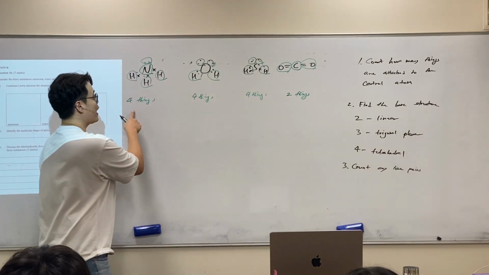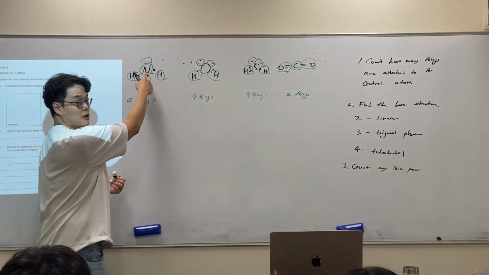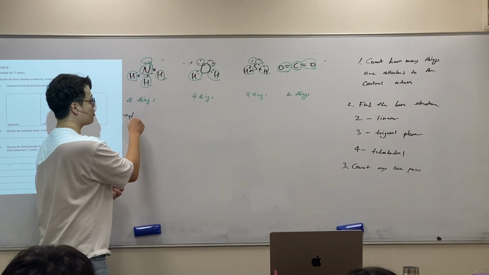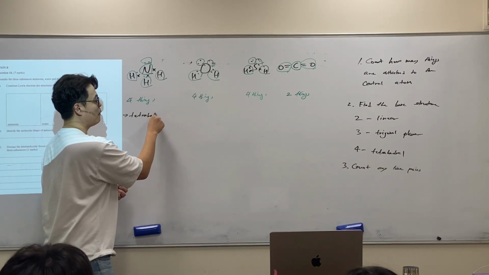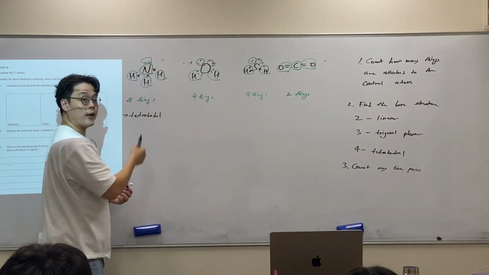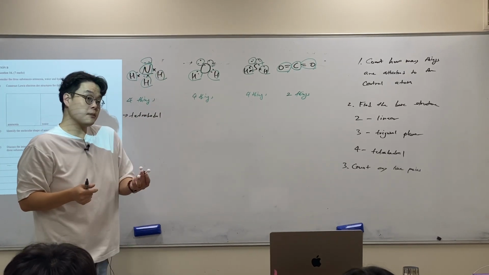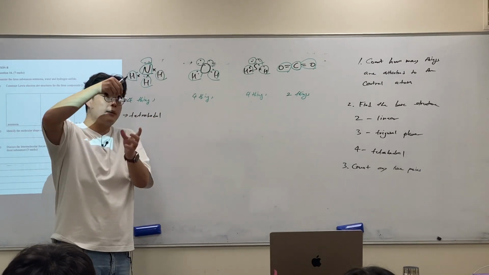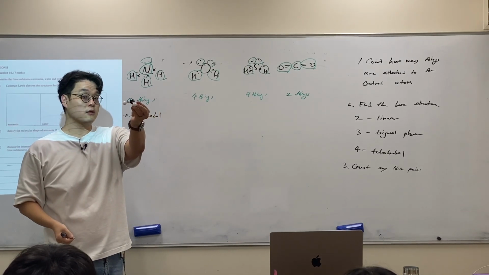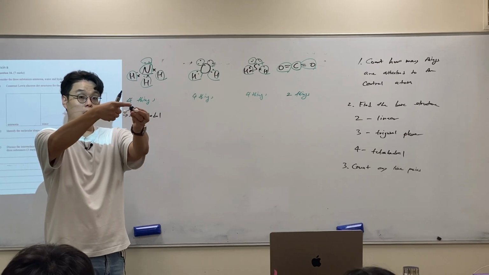Now, we have one for the nitrogen here. We have four things attached, so the base would be tetrahedral, yeah? Now, as we have one lone pair on the top, it simply means that we don't really have the hydrogen on the top. So I do this. That's your shape. We have a lone pair on the top with a 3.